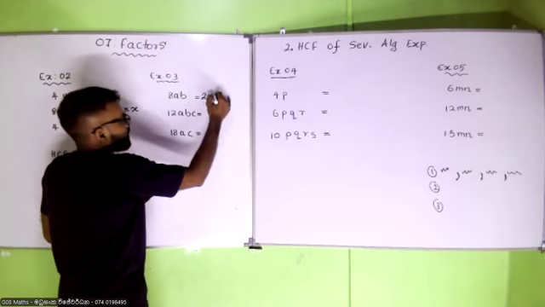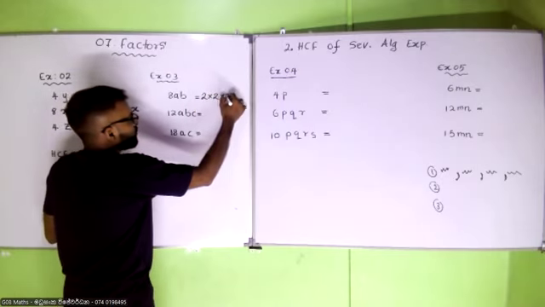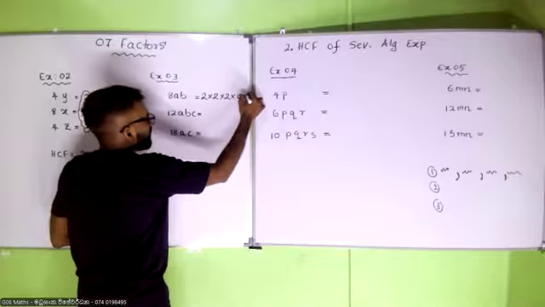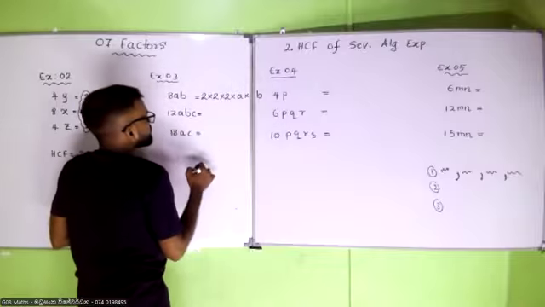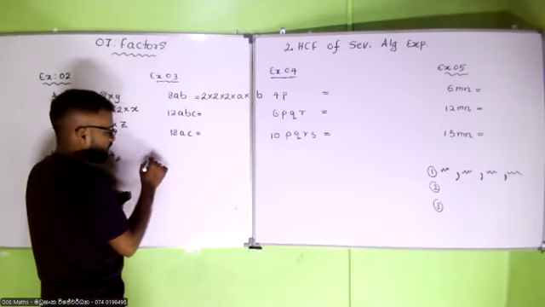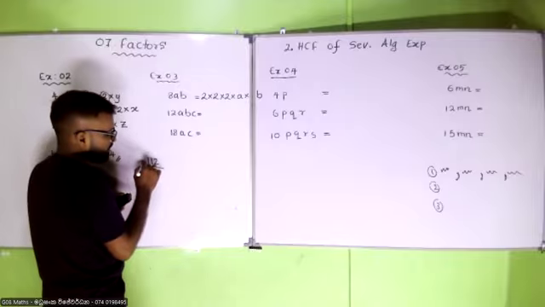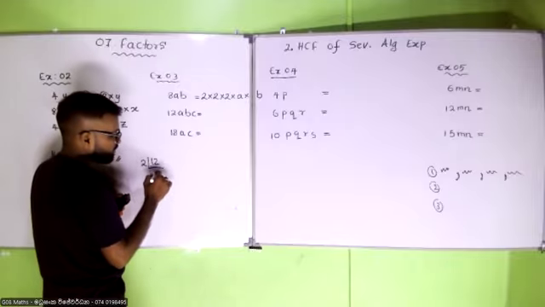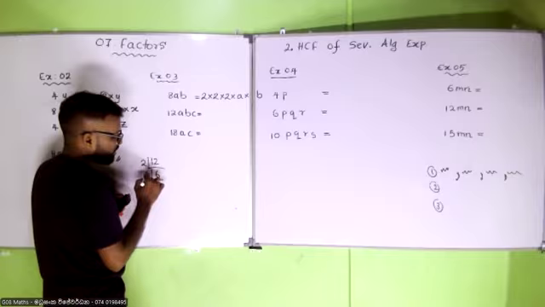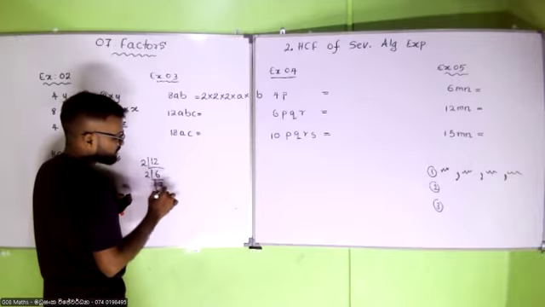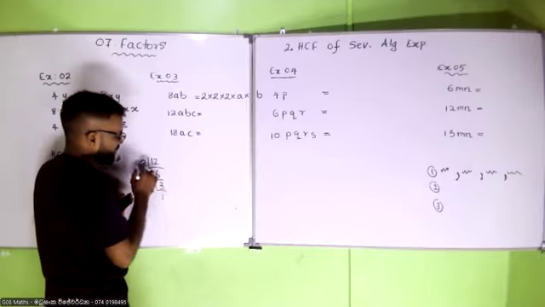Example number 3. 8 is 2 multiplied by 2 multiplied by 2 multiplied by A multiplied by B. 12: you have to divide 12 by the smallest prime factor. 2 times 6, 12. 2 times 3, 6. And 3 times 1.